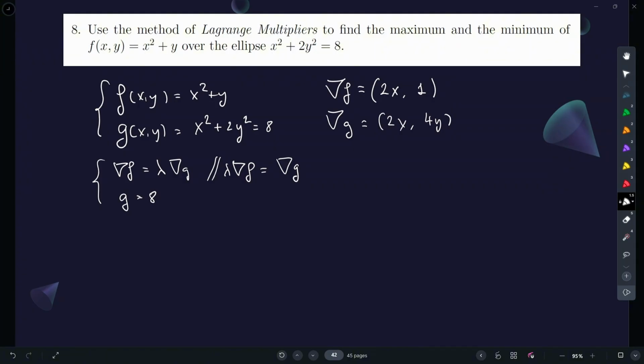Which in this case might actually help, because this form sets up 2 equations, that this has to be equal to this and this has to be equal to that. So it tells me that 2x lambda has to be 2x, and lambda has to be equal to 4y. And still, I need to have x squared plus 2y squared equals 8.